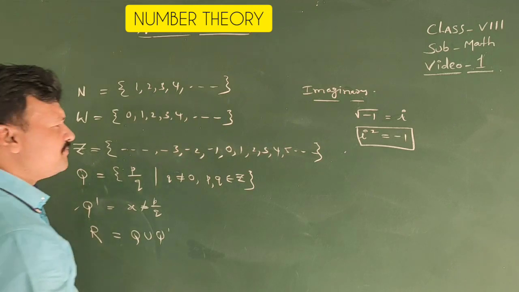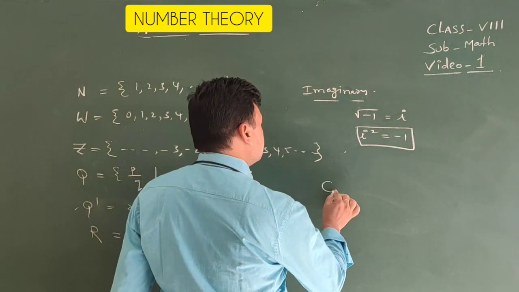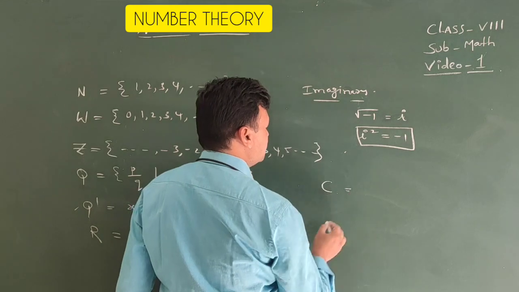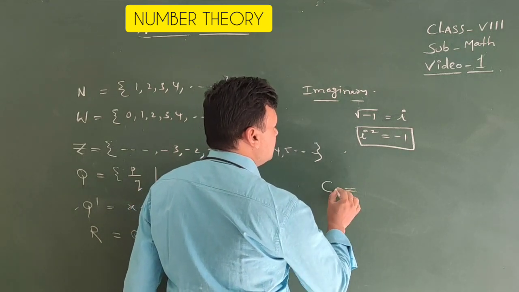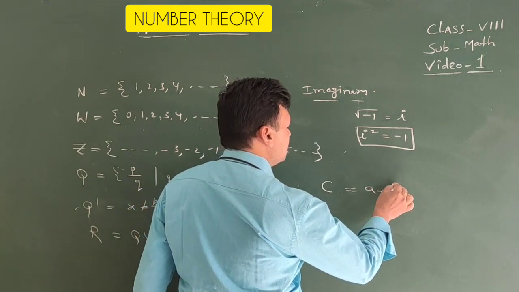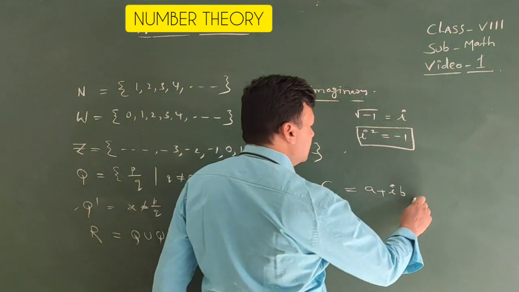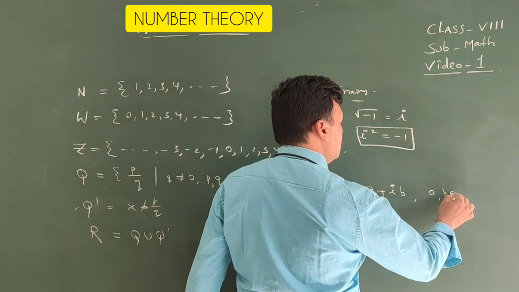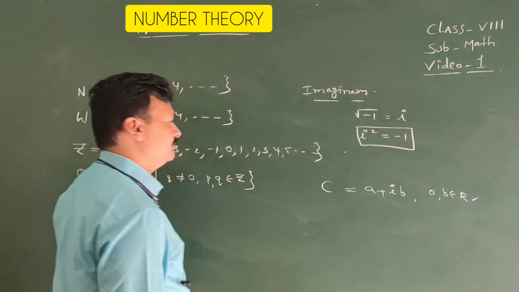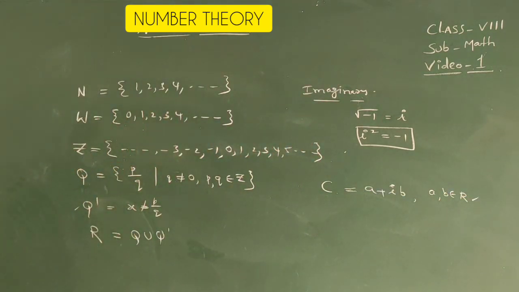Next, complex numbers. Numbers in the form of a plus ib are called complex numbers, where a and b are real numbers.